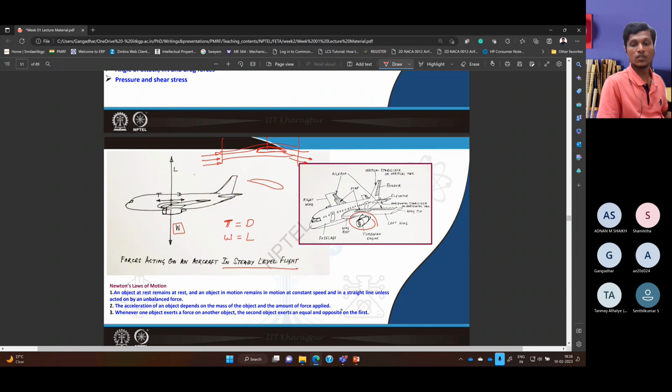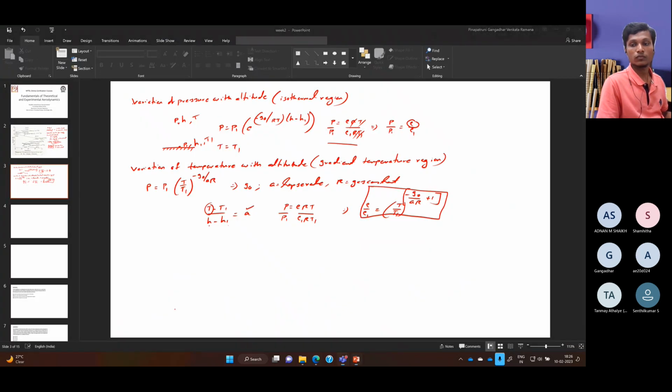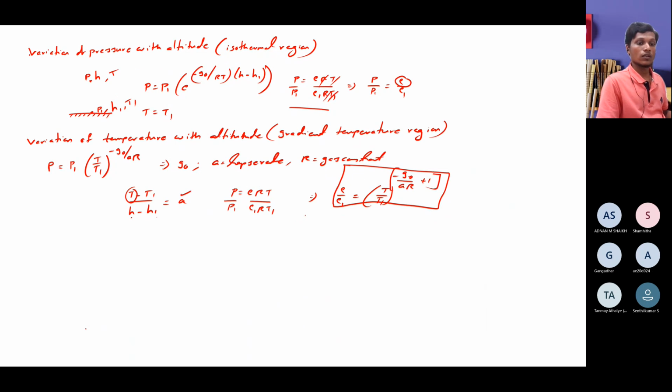Okay, so I will go to the slides again. Now we just understood that in a steady level flight, lift L equals weight W. This is a very important equation that you need to understand and remember for your entire course and later also.